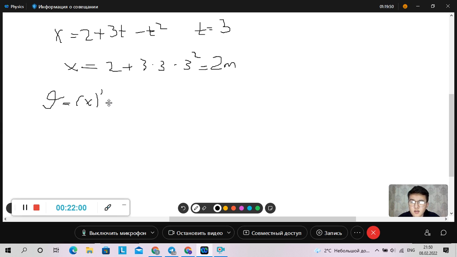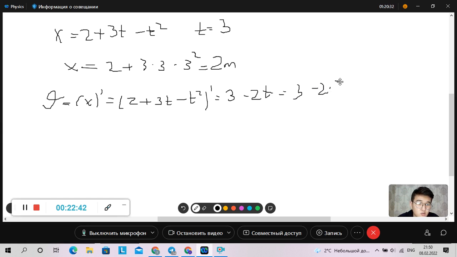Velocity is the derivative of position, which is equal to 3 minus 2t, and I will put the same 3: 3 minus 2 multiplied by 3 is equal to minus 3 meters per second.